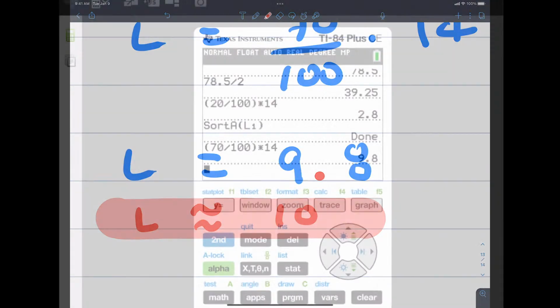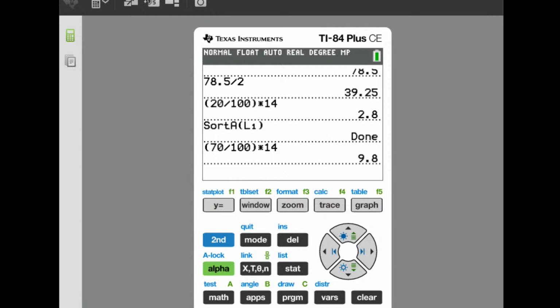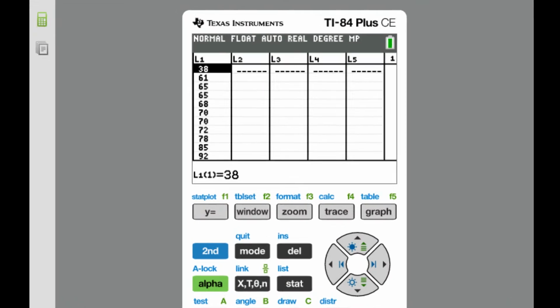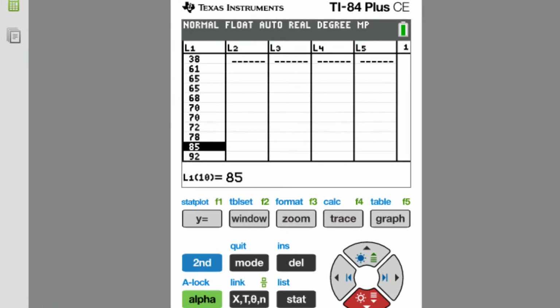Did I already sort my data? I did, didn't I? What do I have to do? Go to Stat, Edit, Edit. And what do I scroll down now to? Number 10? Is that right? So what's the 10th data value in the sorted list?